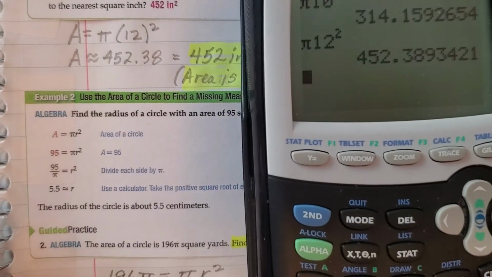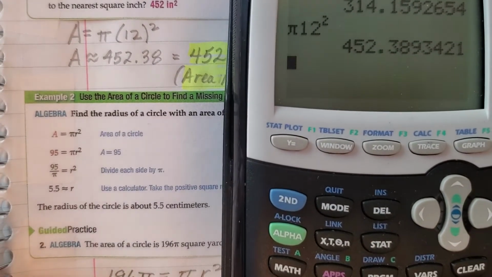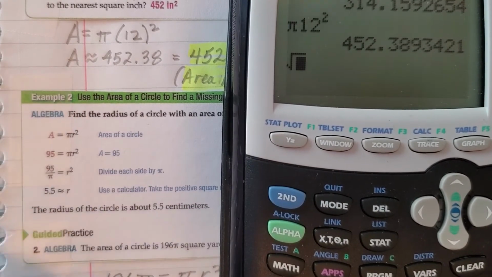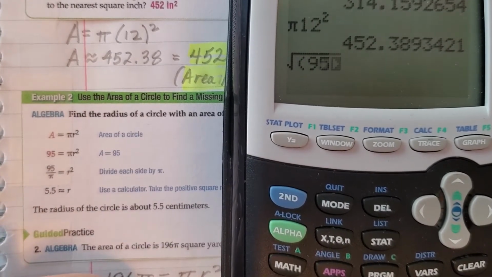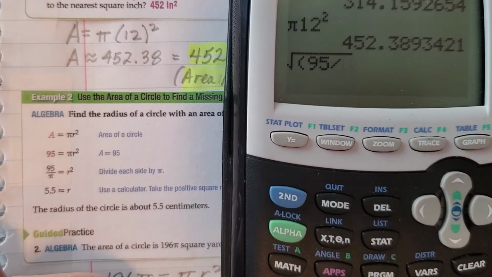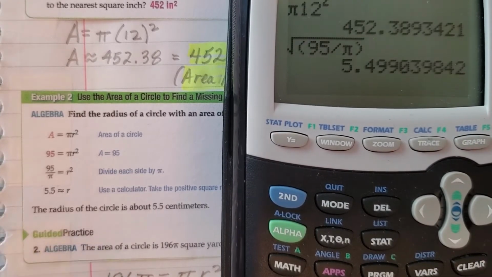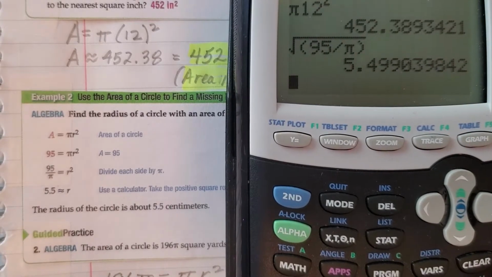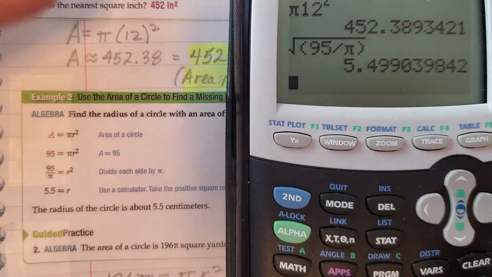Any questions on finding the square root of each side? On the calculator, square root, parentheses, 95 divided by pi, parentheses, enter, and that's how you get 5.5, rounded to the nearest tenth. Okay, any questions on that?